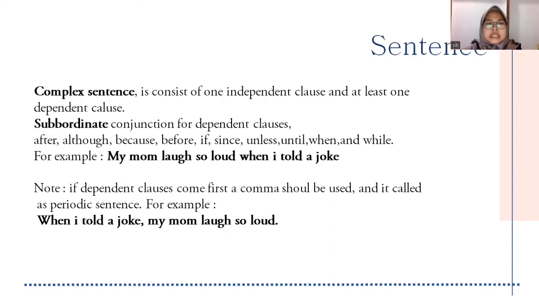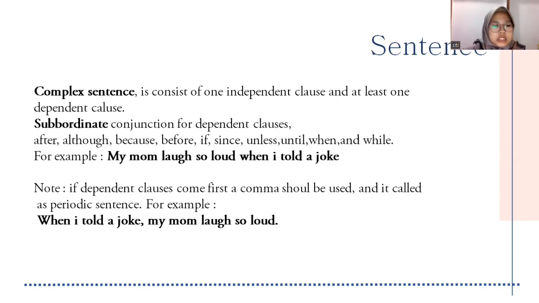A complex sentence has a subordinating conjunction to connect the independent clause and the dependent clause. The subordinating conjunctions are such as after, although, because, before, if, since, unless, until, when, and while, and etc. For example, my mom laughed so loud when I told the joke.